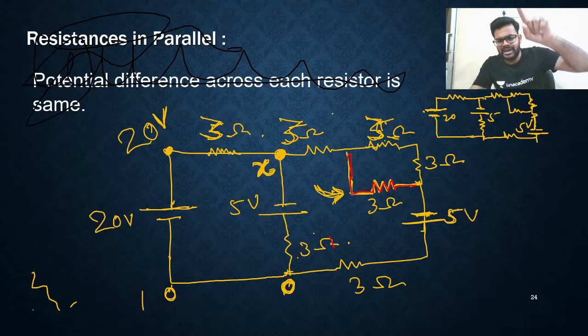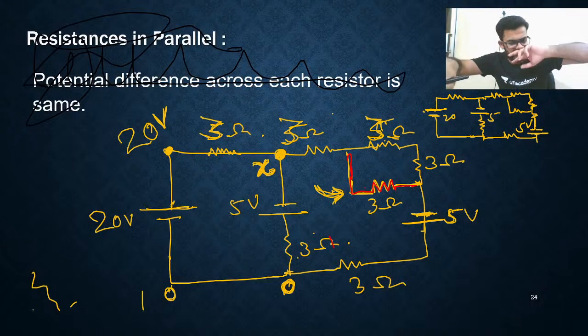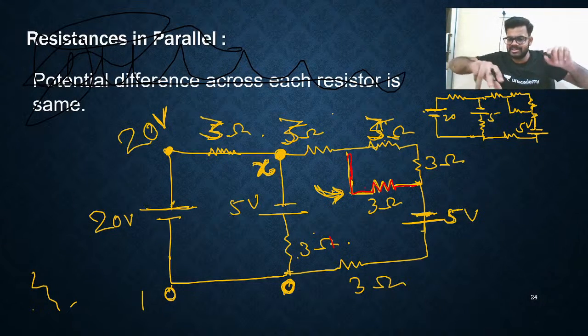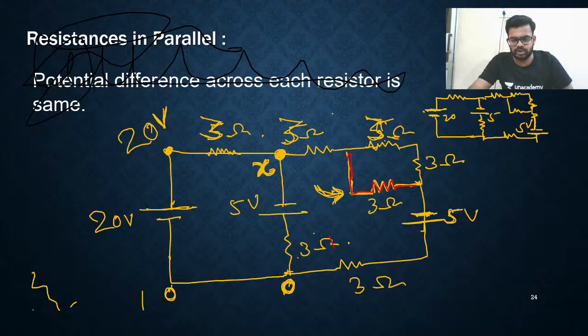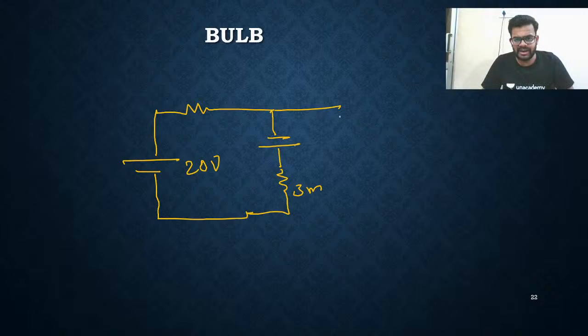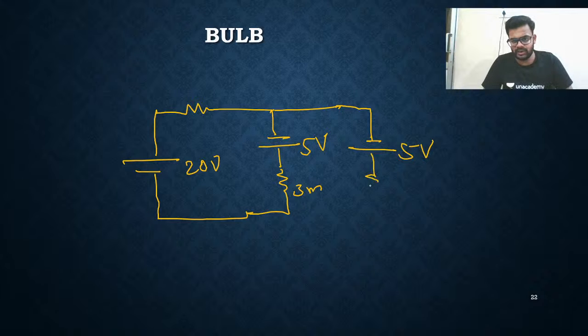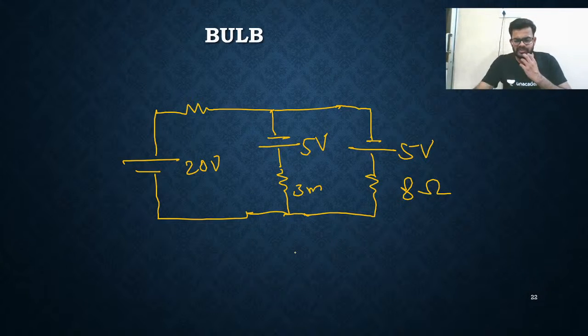So 3 ohm plus this 3 and 6 in parallel: 6 into 3 divided by 6 plus 3, so it will give 2. So 3 plus 2 is 5, 5 plus 3 is 8 ohm. So total 8 ohm. I can write here the cell is of 5 volt and here you are getting 8 ohm. That's all. Now it became very easy for you.